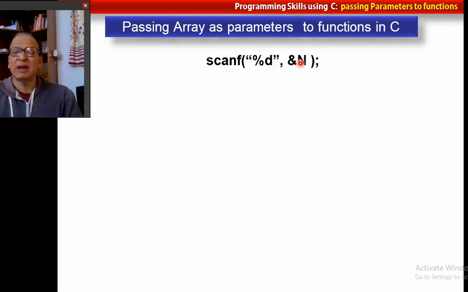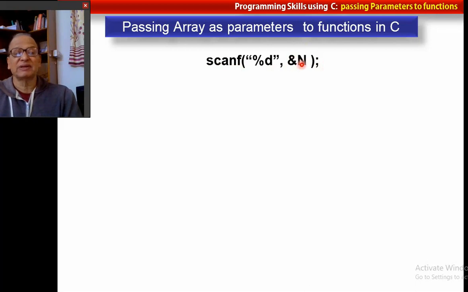Suppose you were to pass only n, nothing would have happened. You accepted the number, and that had to come out from the function scanf. Therefore, we passed the pointer of n, or the address of n, in scanf. So that's why now you understand why we did that.